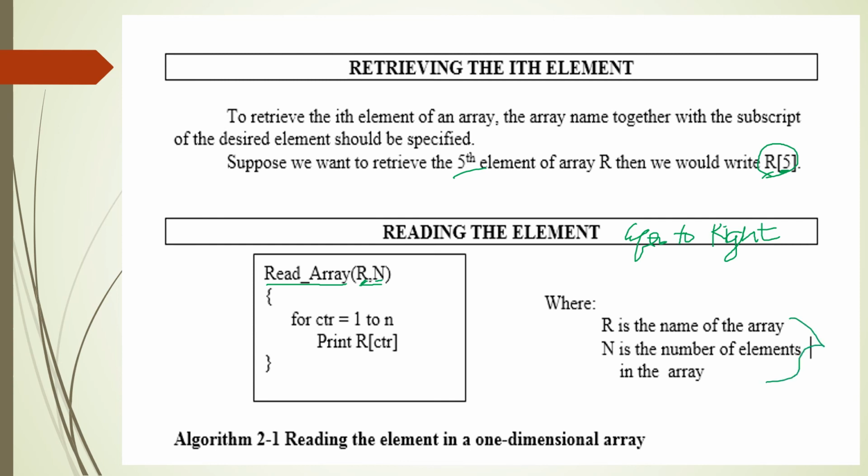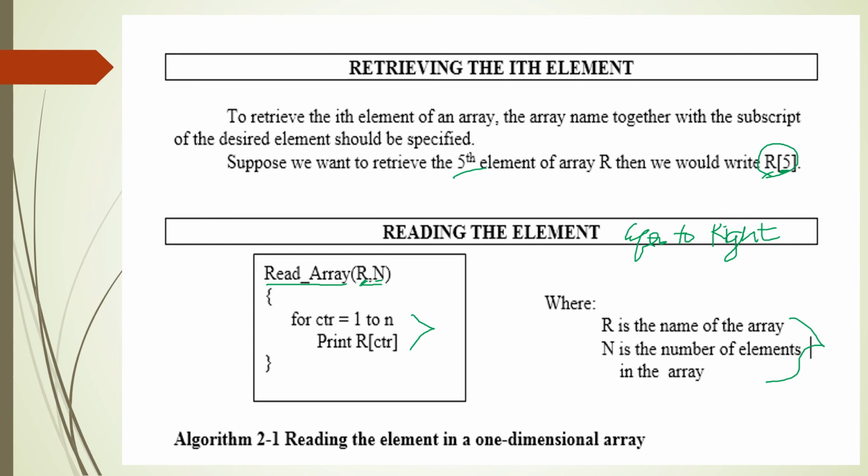Now, how is this conceptualized? We want to read the elements from left to right, and at the same time, we want to display the elements. So let us have an example. Let us simulate, and at the same time, let us create the pseudocode for that.